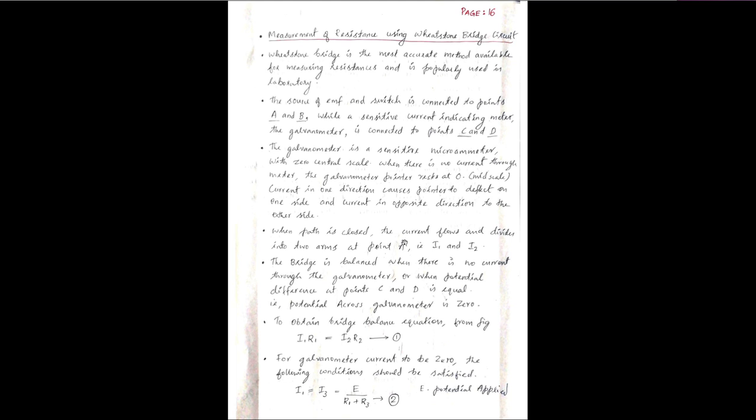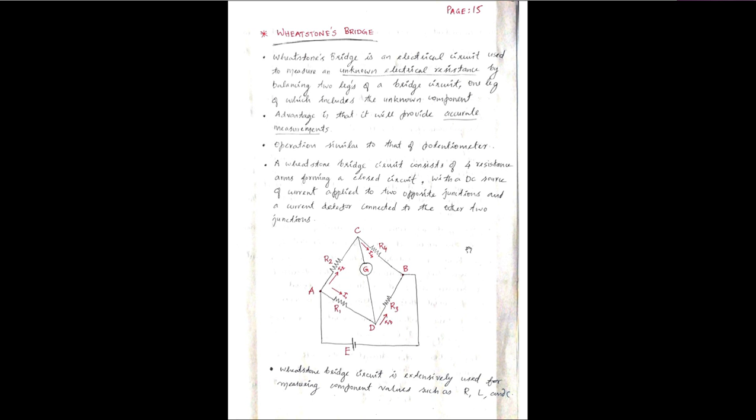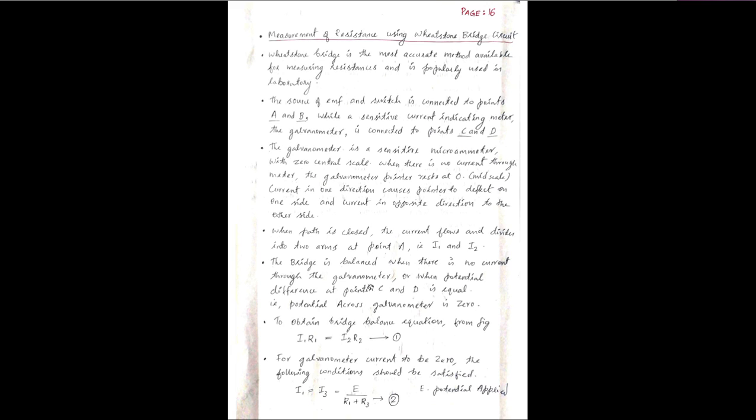Okay, when the path is closed, the current flows and divides into two arms at point A, that is I1 and I2. When the path is closed and the EMF is applied, the current comes to point A and is divided into I1 and I2.